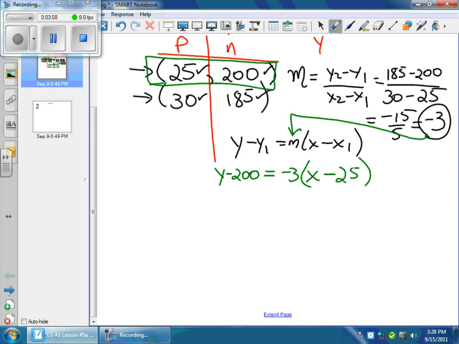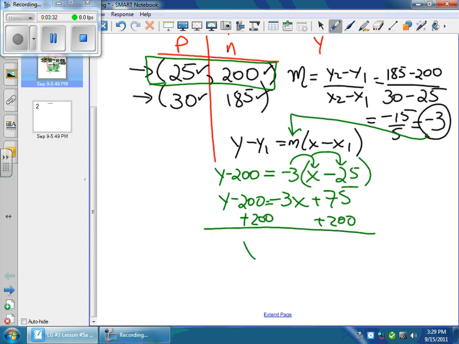Now, if you remember correctly, that's how you solve an equation and you construct a new equation. Mailman this over here. Y minus 200 equals minus 3x plus 75. You bring the 200 over. Sorry, apologize. You add the 200 to both sides. And you get a beautiful equation saying y equals minus 3x plus 275.